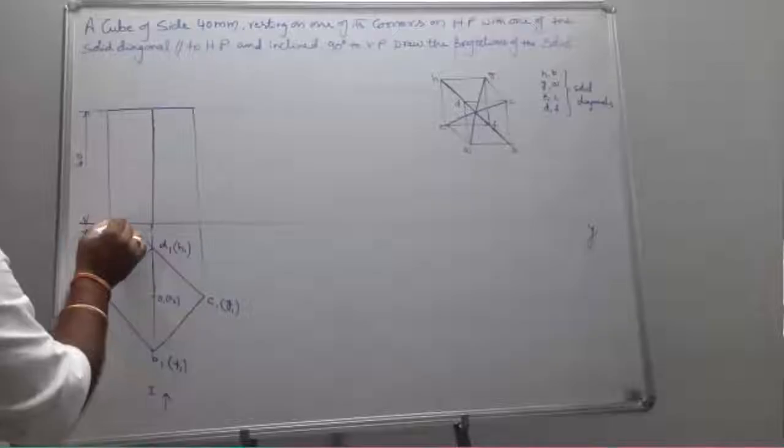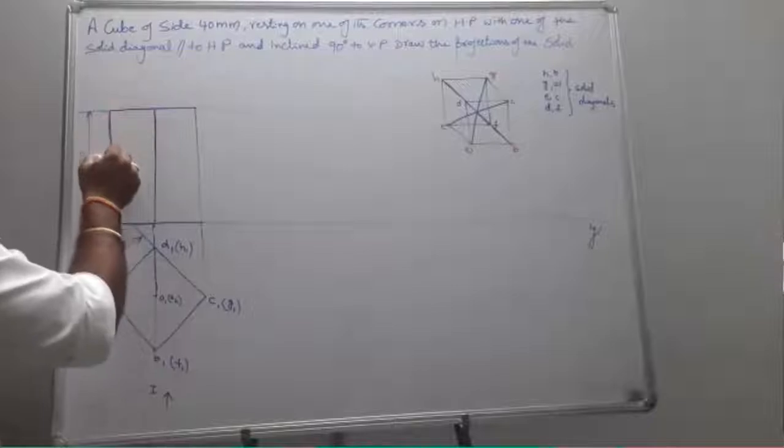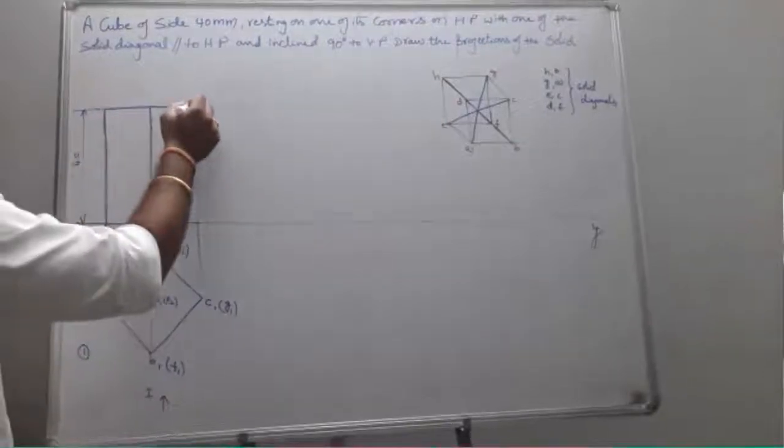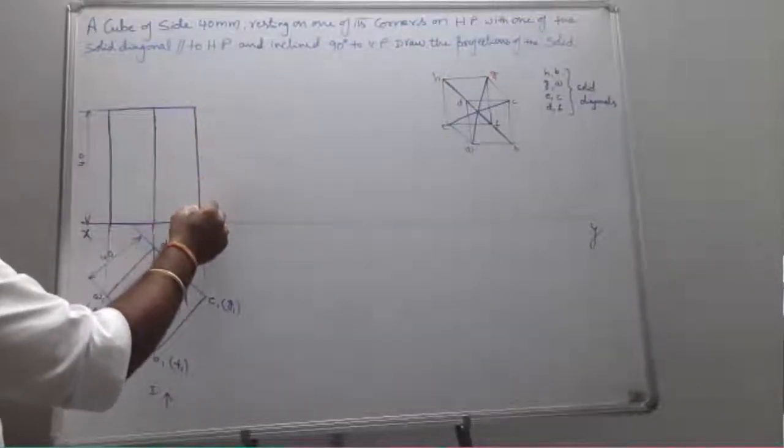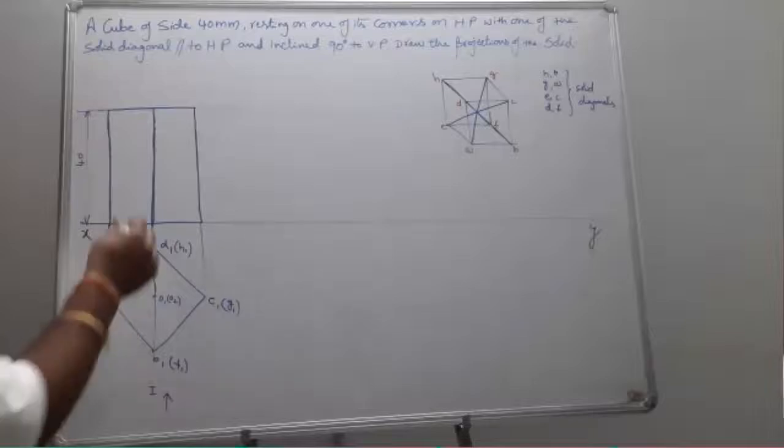So this was the top. Now let us see what are the front view points. This is going to be ABCD, which means when you are supposed to see from the top, the face is visible.